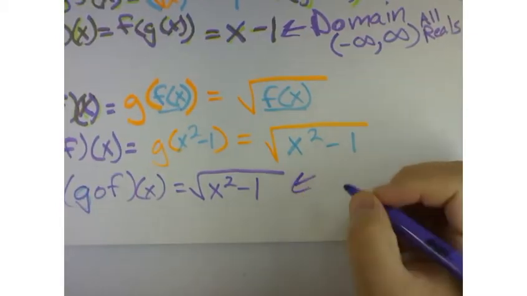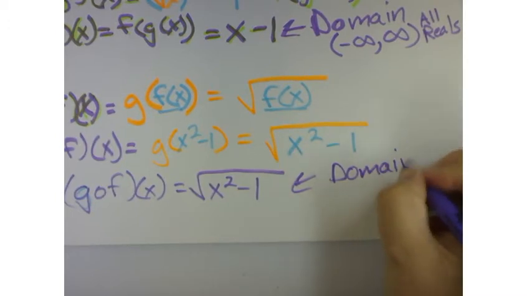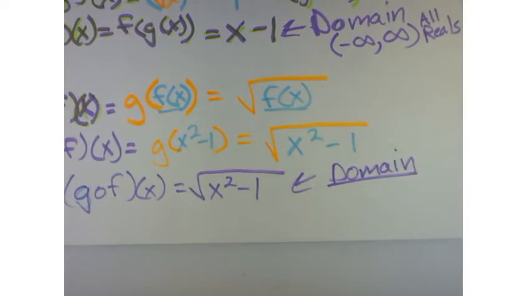Now let's come down to g of f. Is there a fraction? No. So we don't have to worry about 0 in the denominator, but there is a square root. What's the problem with square roots with regards to the domain? I can't take the square root of a negative number.